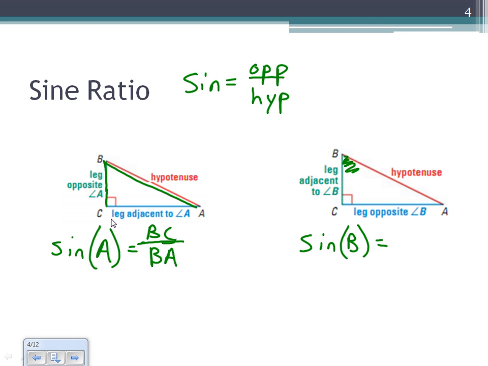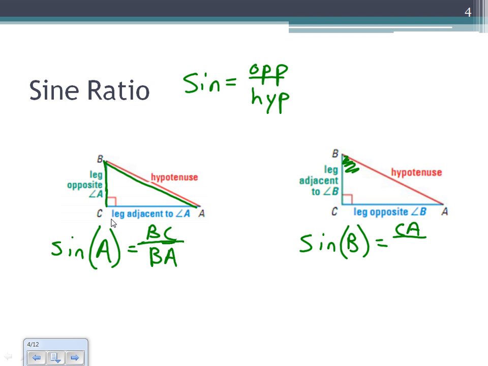What was it? I didn't hear you. CA? How do you know it's CA? Because it says opposite, yes. What does opposite mean if we're looking at a triangle? Marshall? Across. So directly across from B.